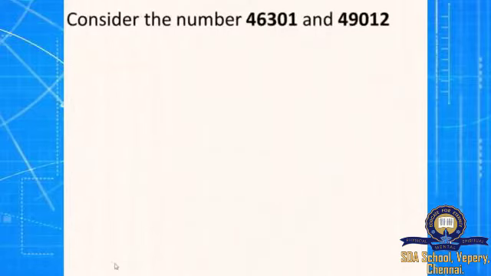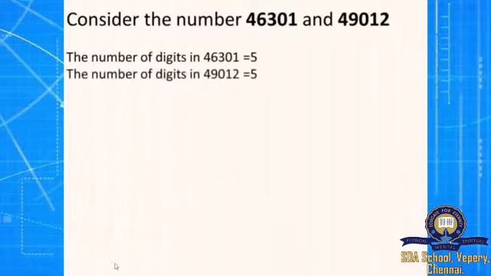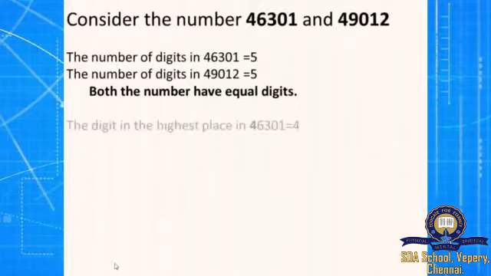Consider the numbers 46,301 and 49,012. The number of digits in 46,301 is equal to 5. The number of digits in 49,012 is equal to 5. Both the numbers have equal digits, so we have to go to the next step.